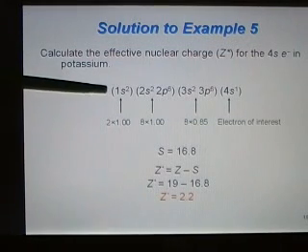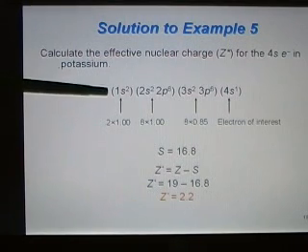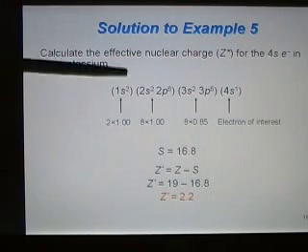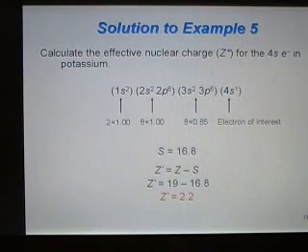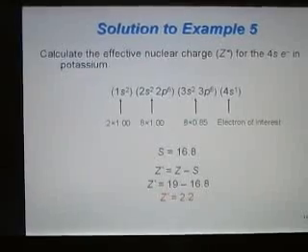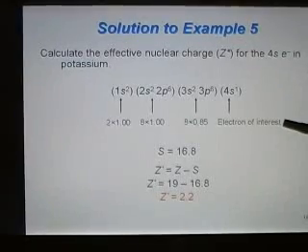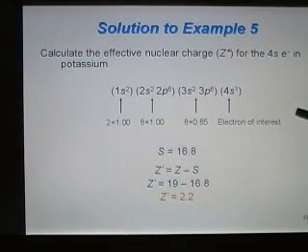So that's what I did first. 1s2 is in a group by itself, 2s2, 2p6 are grouped together, 3s2, 3p6 are grouped together, and the 4s1 is grouped by itself. Now, according to the question, the 4s1 is the electron of interest, so we exclude that from our calculation.